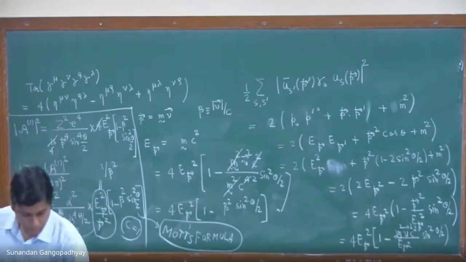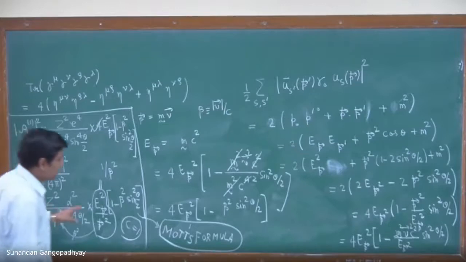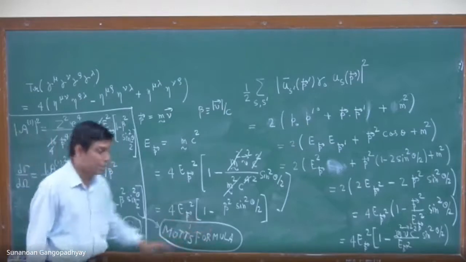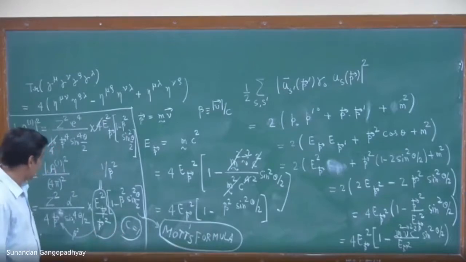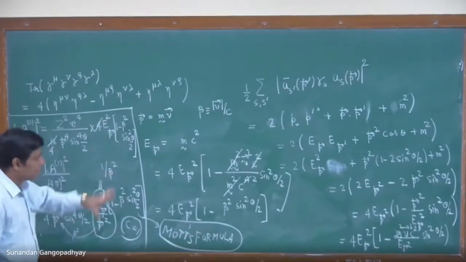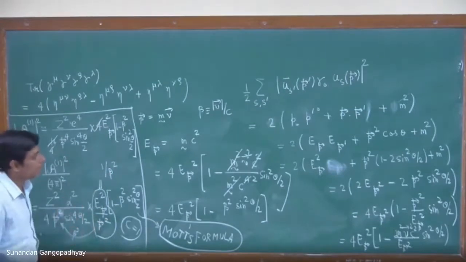It is a relativistic formula. The takeaway lesson for today is that we have obtained the relativistic correction to the Rutherford scattering cross section, doing a fully relativistic calculation taking into account all the spinors and applying the spinorial tricks.